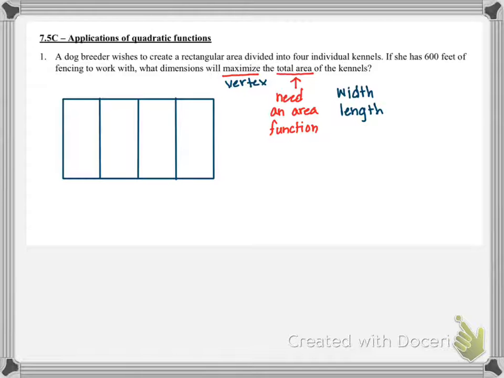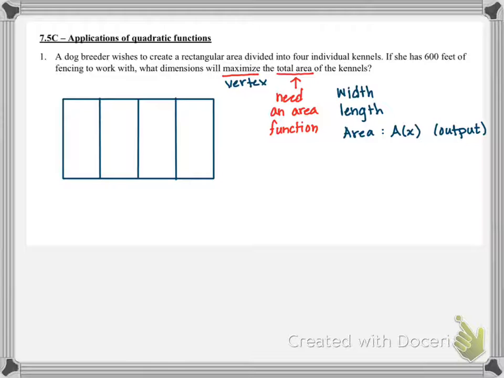There's all sorts of functions we could write for a rectangle, for length, for perimeter, but we want to make sure that we're writing the function that has an output which is actually the thing we're trying to maximize here. So that tells me I want an area function, so my area is A of x. This is my output.